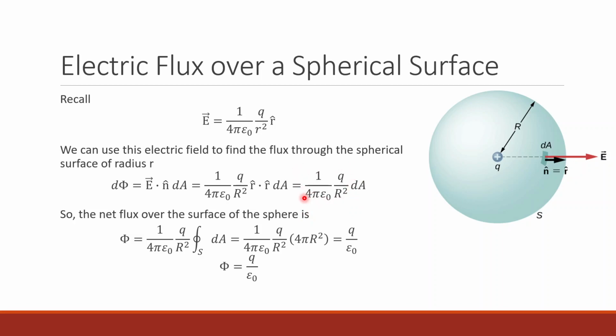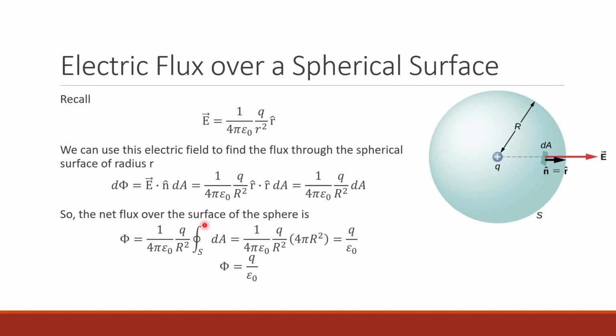So if we wanted to take the integral of this to find our net flux over the surface of this sphere, all of this is constants, 1 over 4 pi epsilon naught, Q over R squared, nothing is changing.